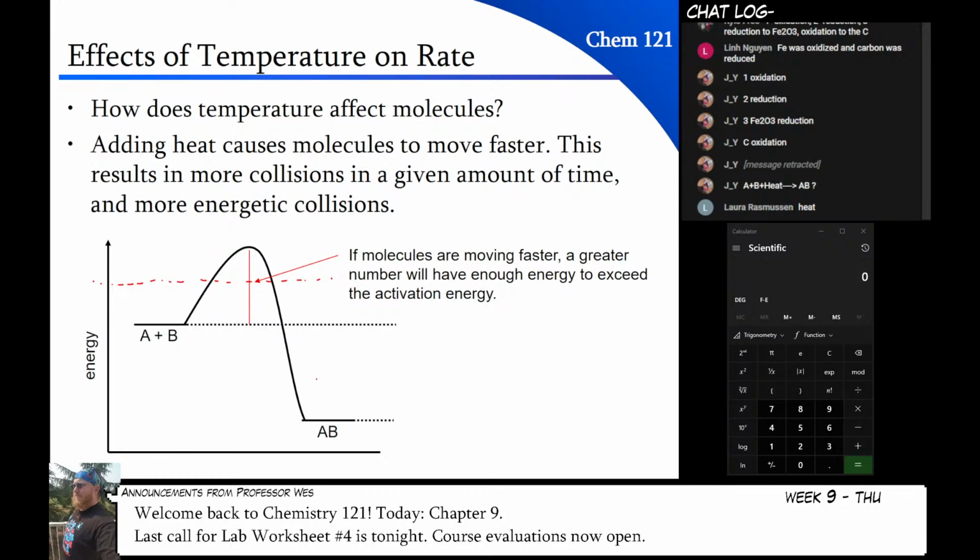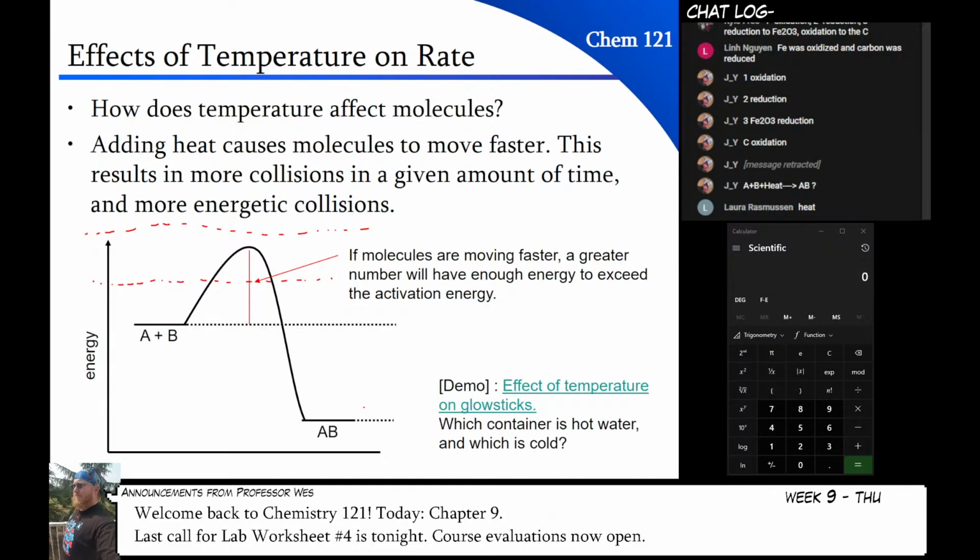Very small number will get over the activation energy, and so the reaction will go very, very slowly. But if I heat this up so that the average energy is now up here, now most of my molecules have enough energy to react. And if most of my molecules can react, then I get more products. So increasing the temperature increases the likelihood of reaction.